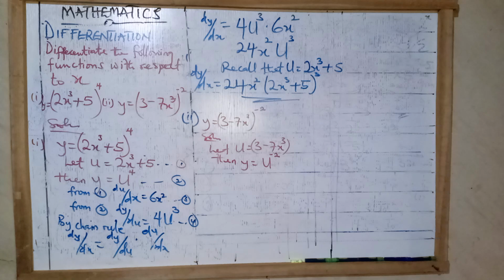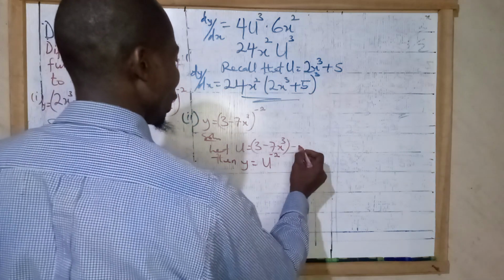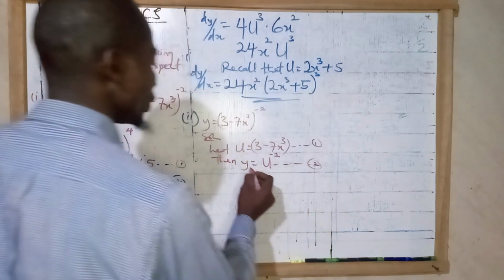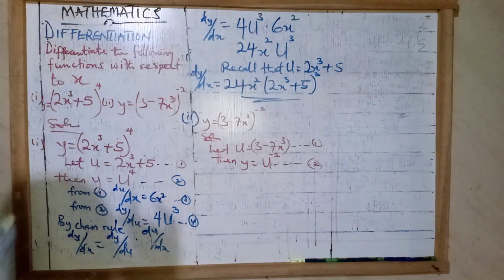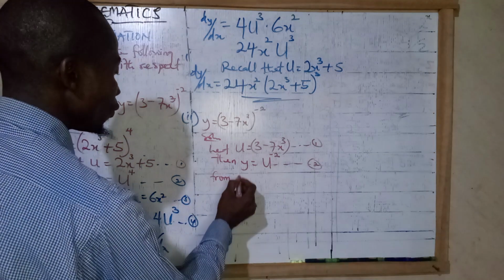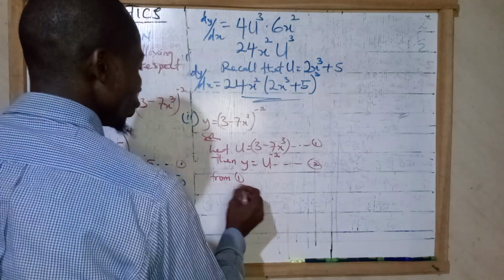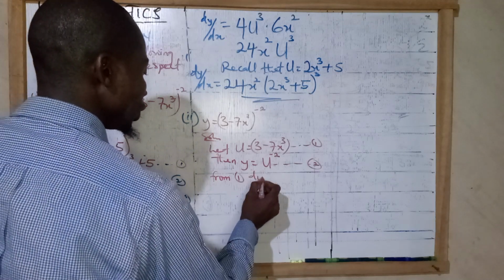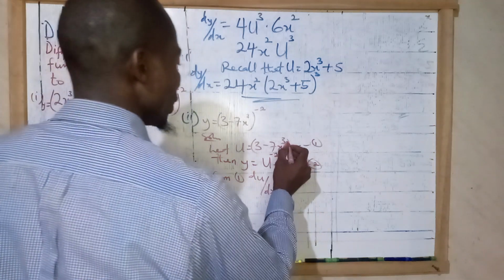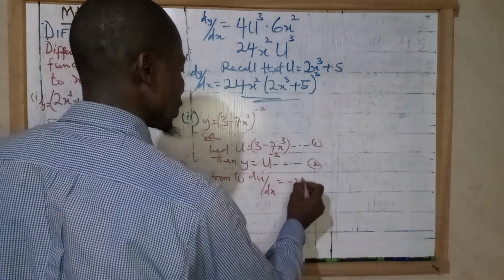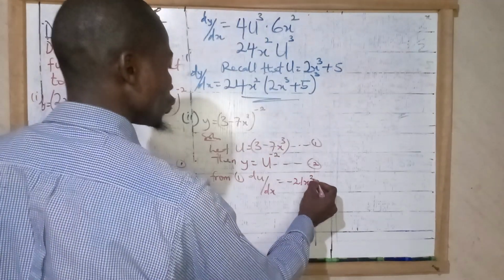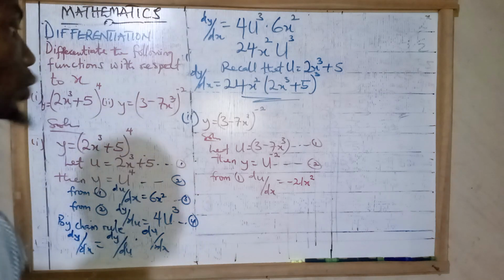If in equation 1 we have u equals this, then in equation 2 we have y equals u raised to power minus 2. So we now start from equation 1. du/dx will give us 3 times minus 7, that's minus 21, x raised to 3 minus 1, 2, that is minus 21x^2.